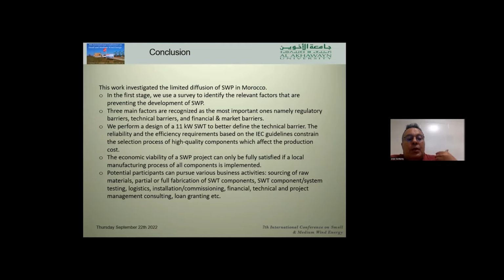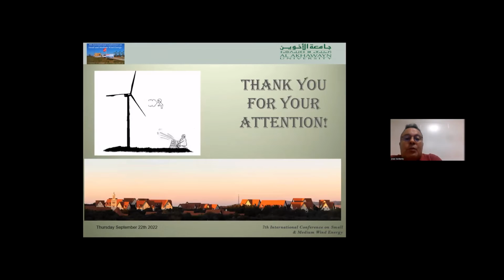If we want to overcome the technical barriers, most probably we should work on manufacturing processes of more components. That resumes this work that has been done many years ago. Thank you for your attention. If you have any questions, we'll be pleased to answer.